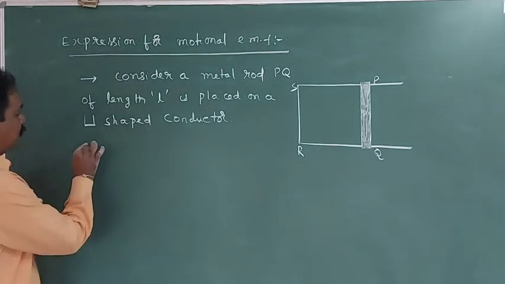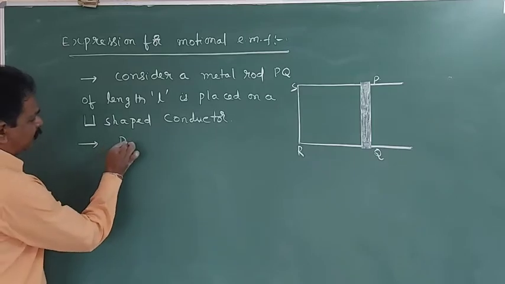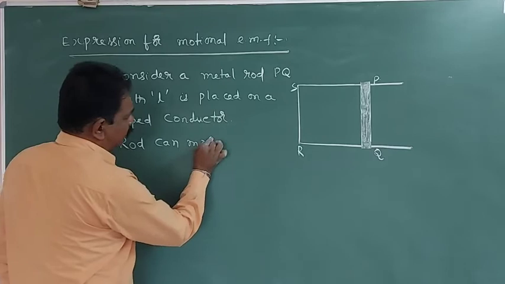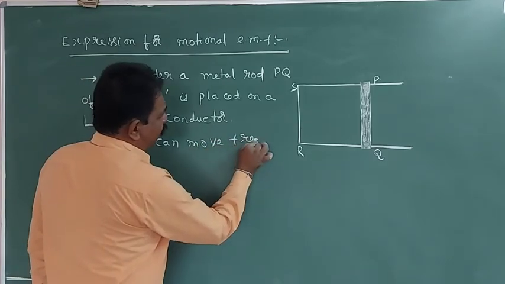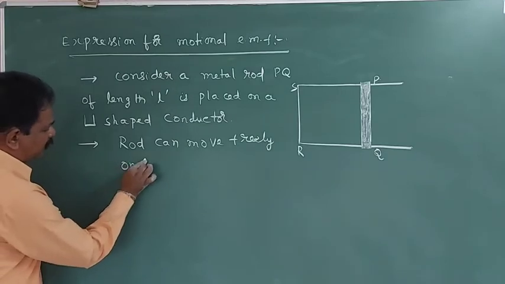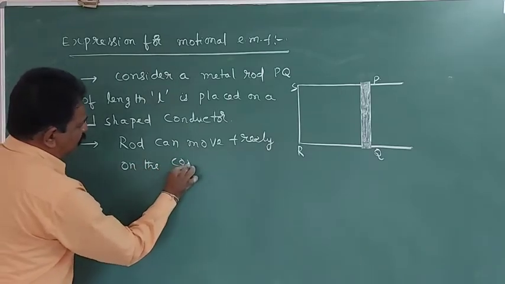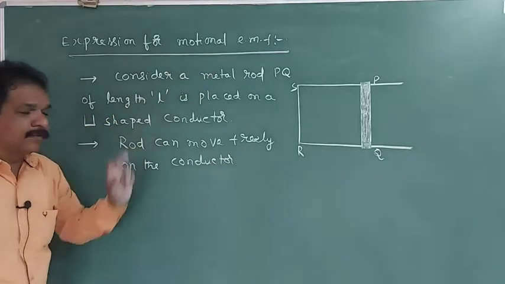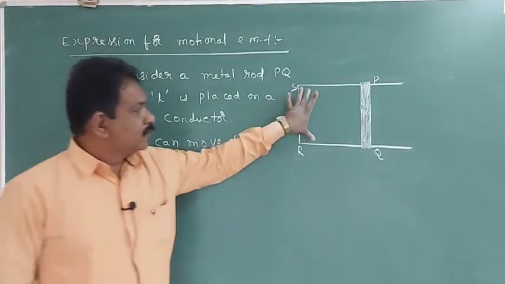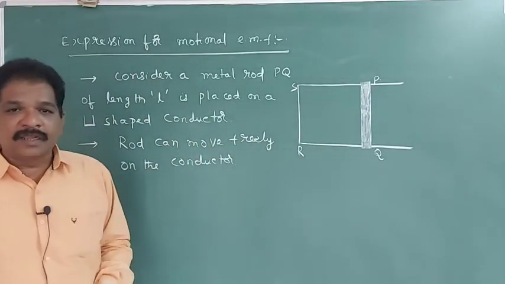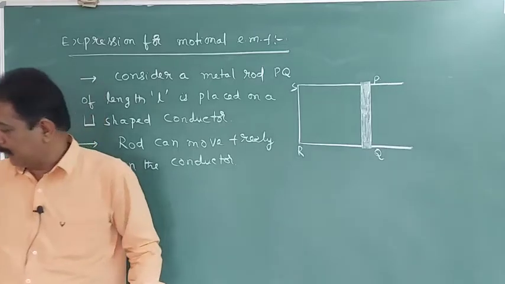Okay. Next point. The rod can move freely on the conductor. Again, saying conductor means confusion will come, so the rod can move freely on the conductor. Like that I am assuming.